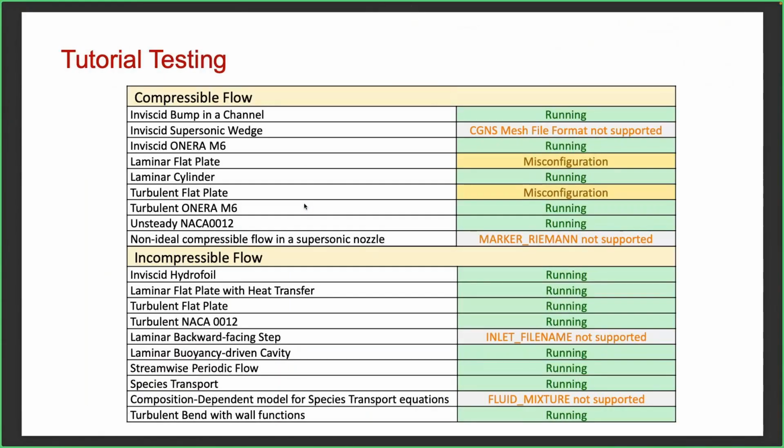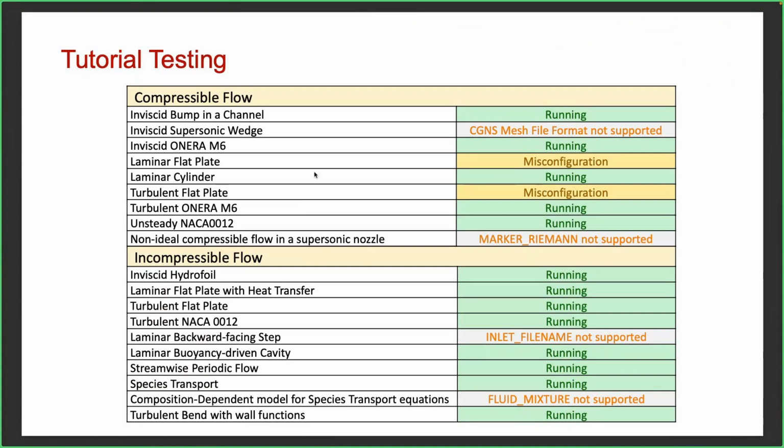We have done some testing using compressible and incompressible flow tutorials. As you can see, most of them are running, but we still have some unsupported parameters like marker Riemann and inlet file name, and we still don't support all types of file formats like CGNS.